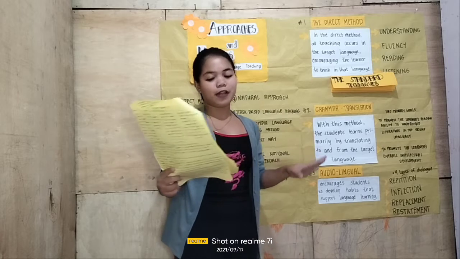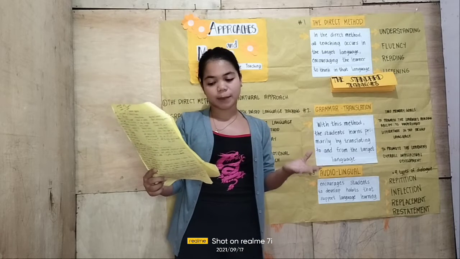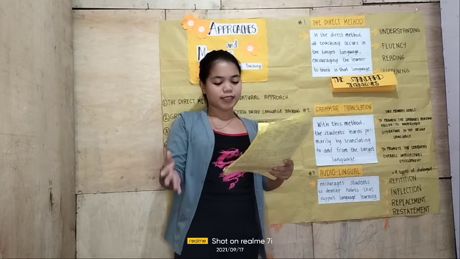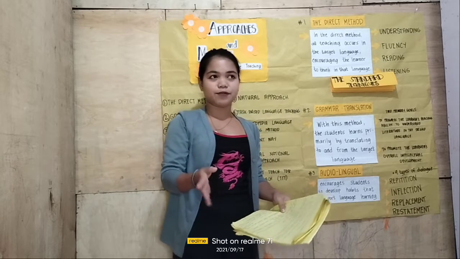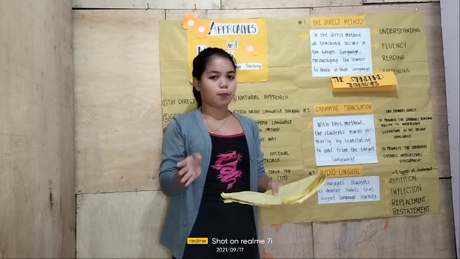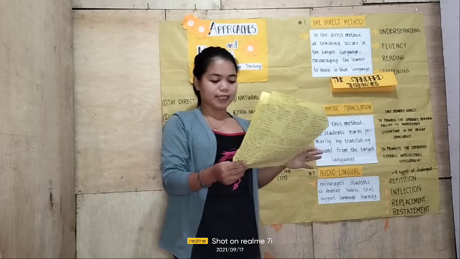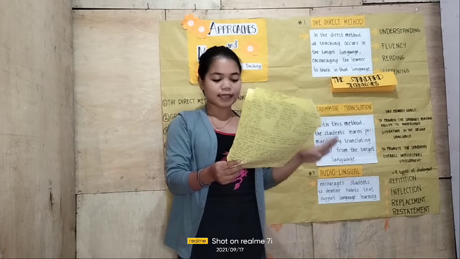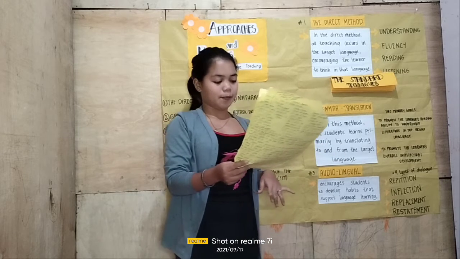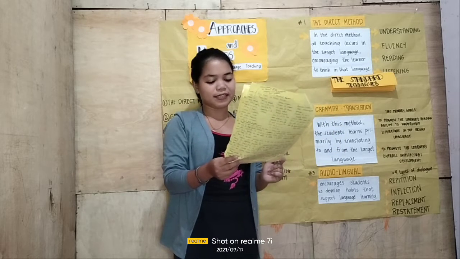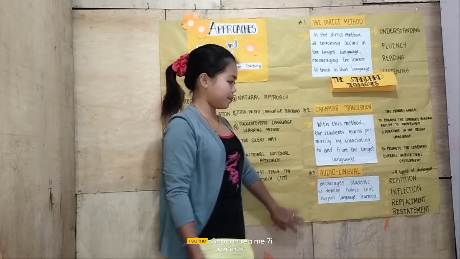And then inflection, where one of the words appears in a different form from the previous sentence. For example, a word may change from singular to plural. Replacement, which involves one word being replaced with another while the sentence construction remains the same. And the last one is restatement, where the learner rephrases the teacher's statement.